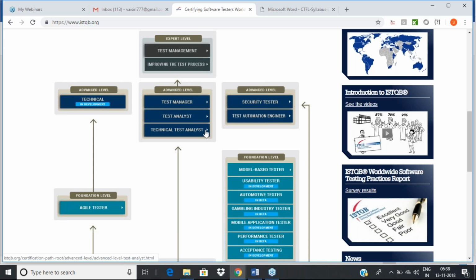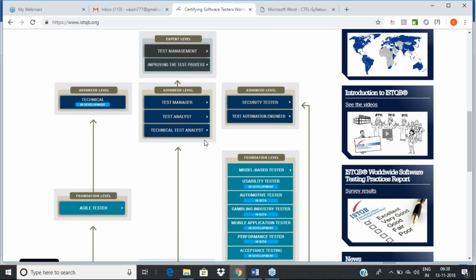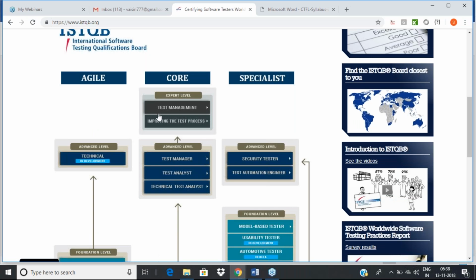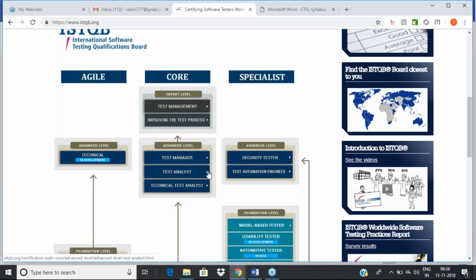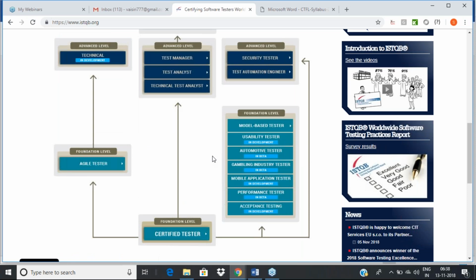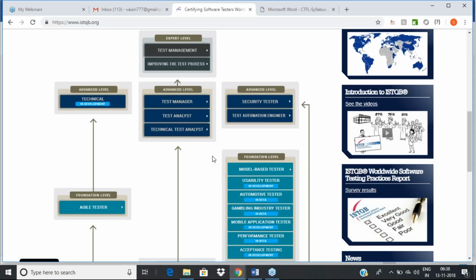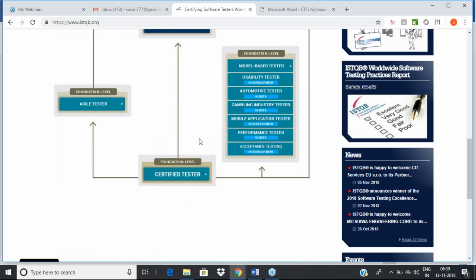When somebody completes advanced level, they can go to expert level. In expert level, we have test management and improving the test process. This is the hierarchy of certifications, which I explained in more detail in the orientation. But for any of them, the foundation level is mandatory. Only then can you go for all these other things.